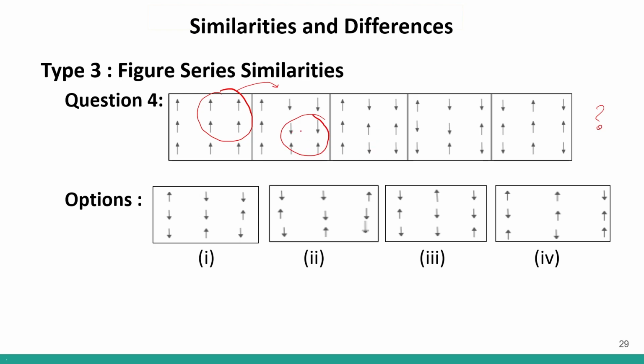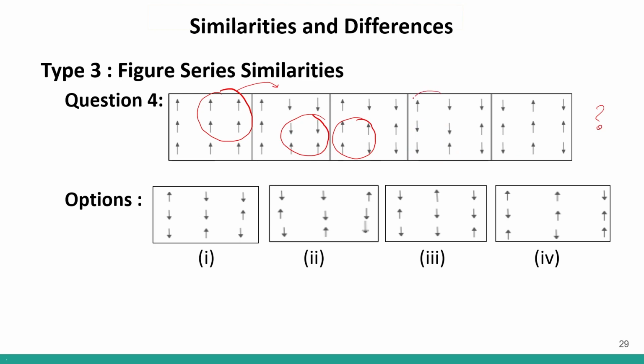So this is now facing the opposite direction, opposite direction, opposite direction, opposite direction. Correct? Now, from this figure to this figure, I can see that these 4 have changed directions. Correct?